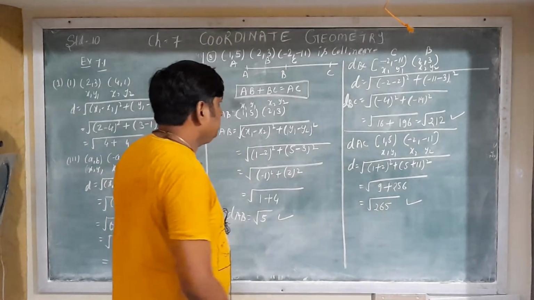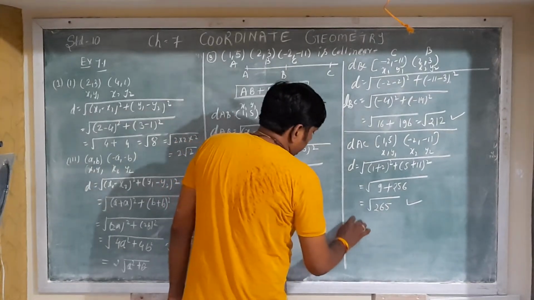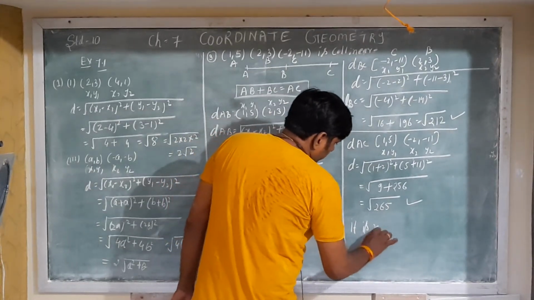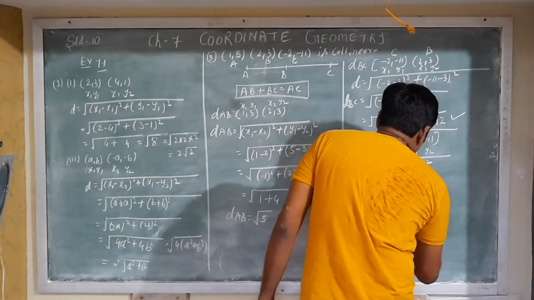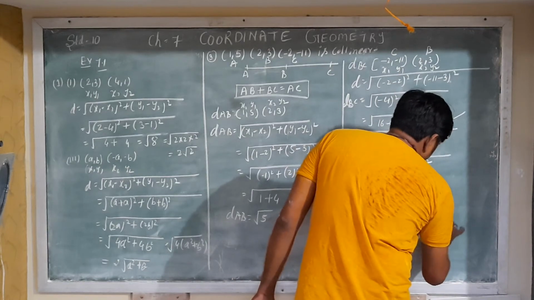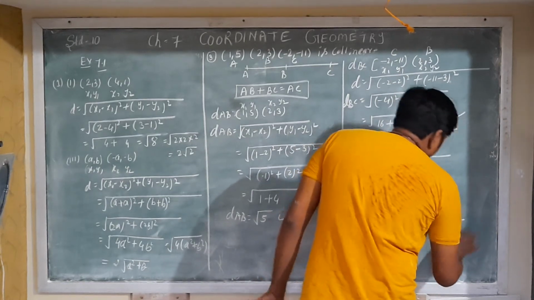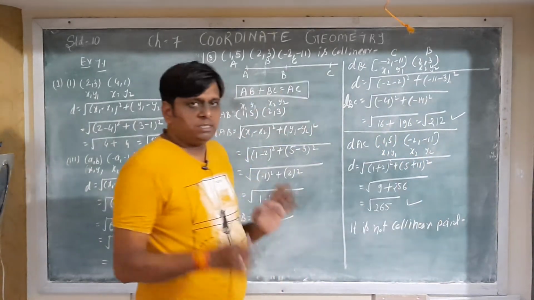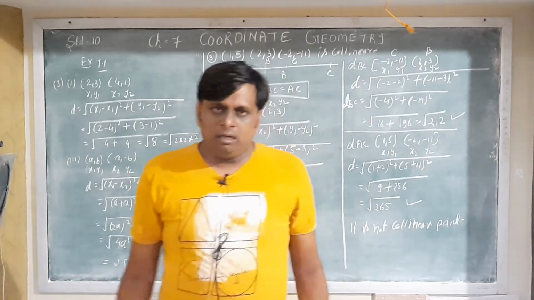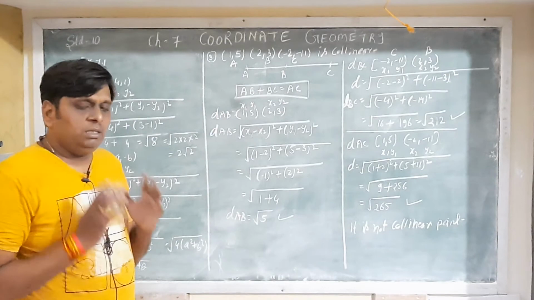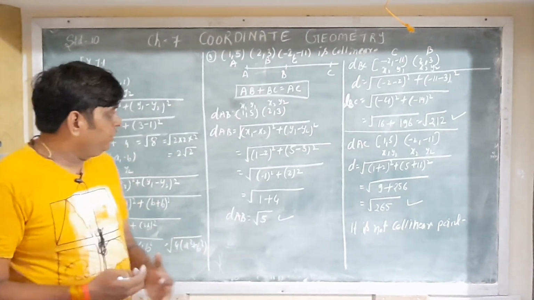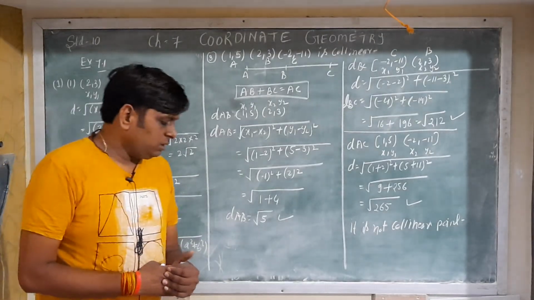That is the reason these points are not collinear. If the format holds, sum of two distances equal to another distance, then you say these are 3 collinear points. Next video we solve the next sum, question number next.